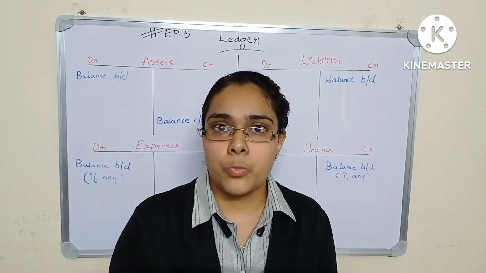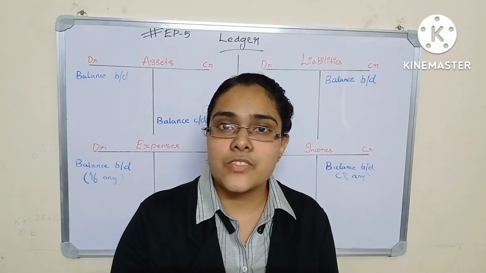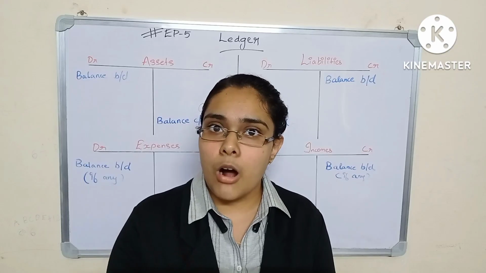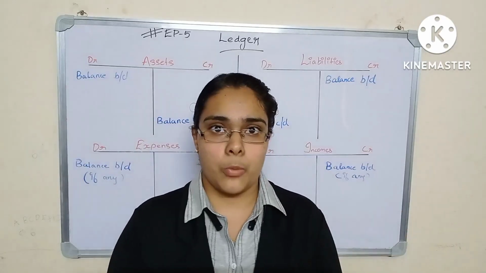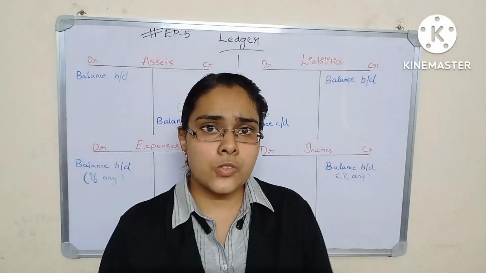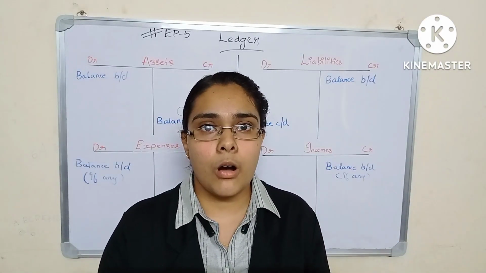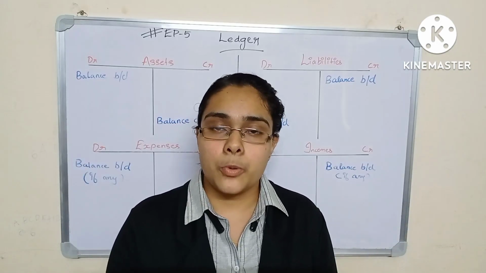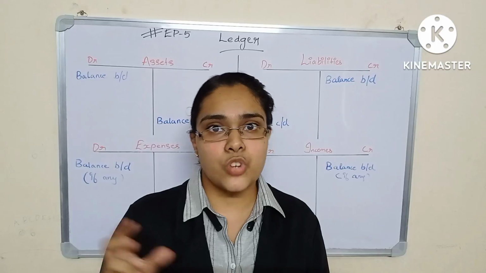Any document that supports a transaction and serves as evidence for it is known as a source document. We start our accounting procedures from verifying the source document. After the source document, we record transactions as journal entries, which is known as journalizing. The process of writing a journal entry is known as journalizing.